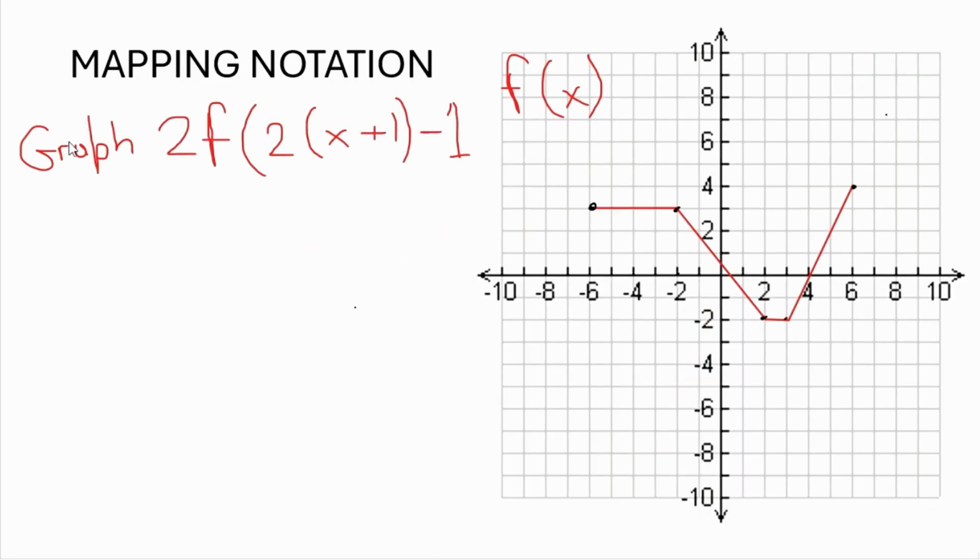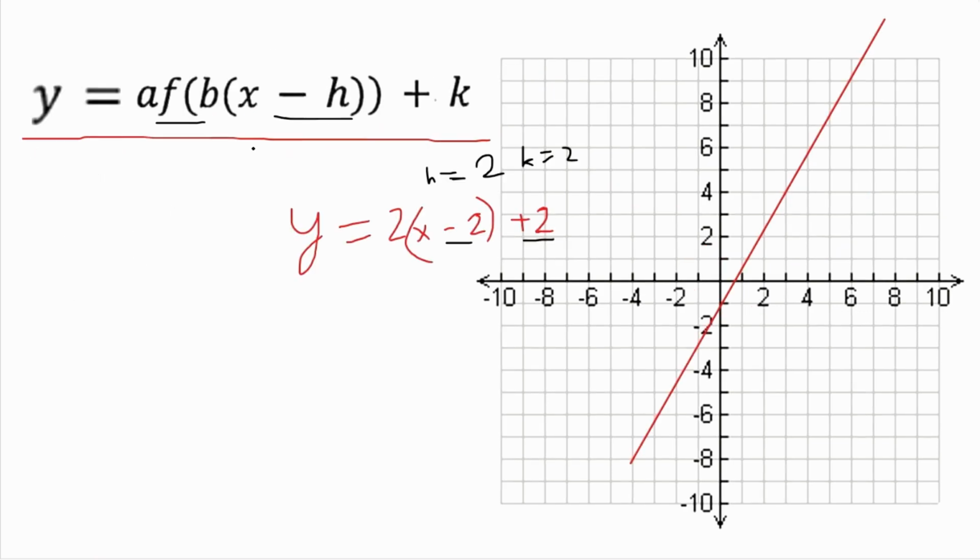The main thing about any type of graphing, the thing that's going to help you the most, is mapping notation, because you can use this in any of your graphing units, any of them, and it works for any transformation graph. What it is: your x value divided by your b plus your h, because remember, if you go back, the b and the h value, they're inside the function.